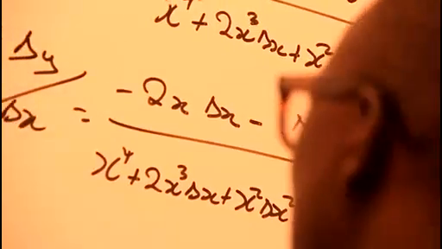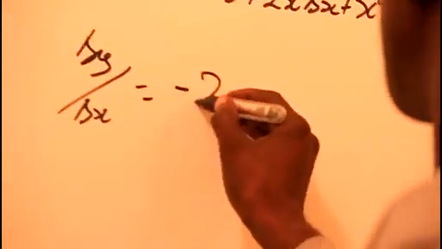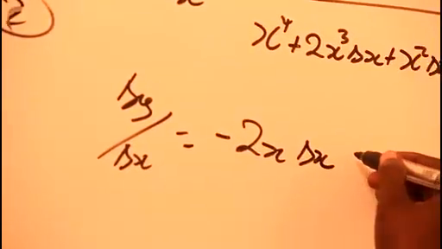Now when we do that, Δy over Δx will be equal to minus 2xΔx. We can factor out, sorry, let me factor out.